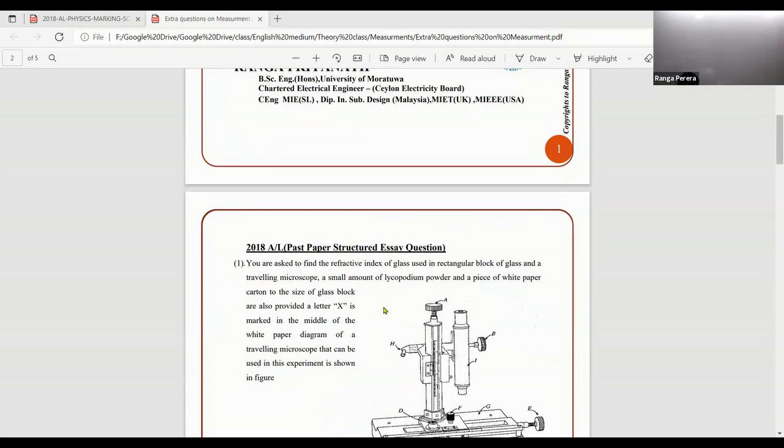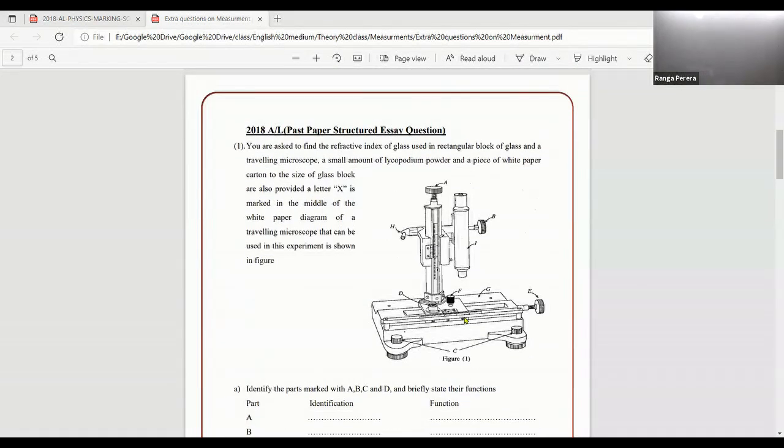You can't find structured type questions from the traveling microscope. Actually, these questions link with the optics part, but the first few questions you can do based on the theory or the concept that we learn under traveling microscope. Let's start the question.